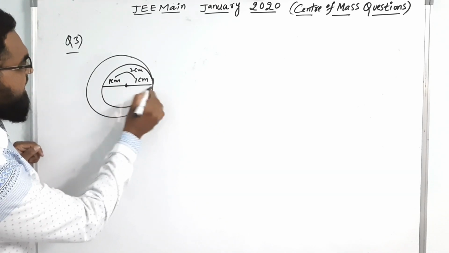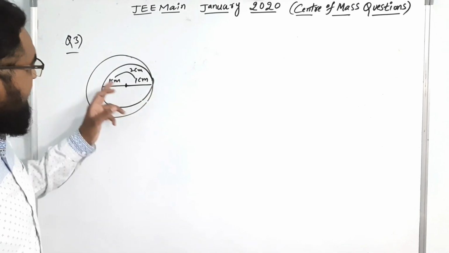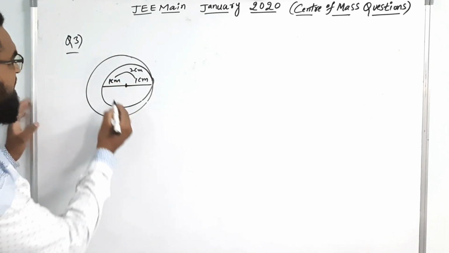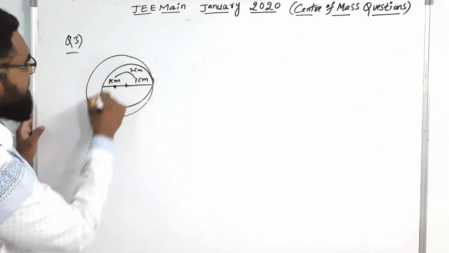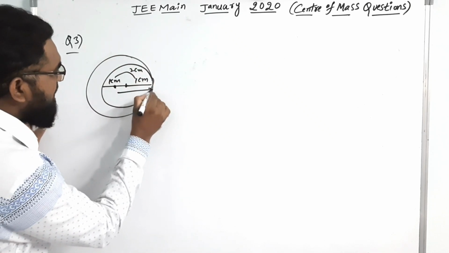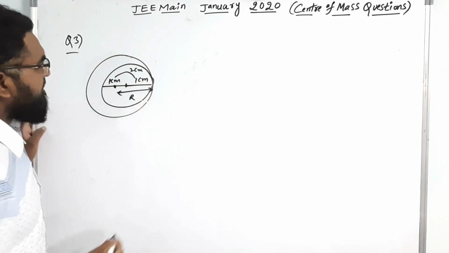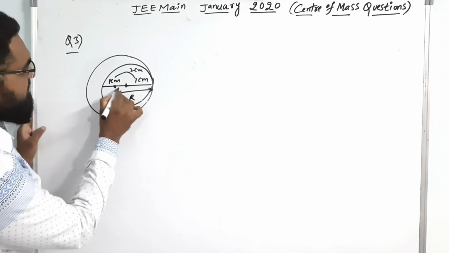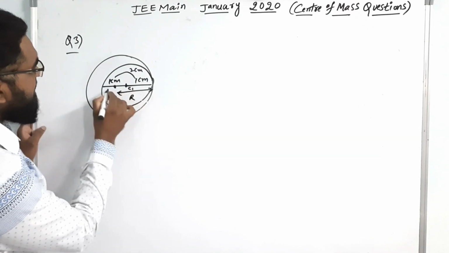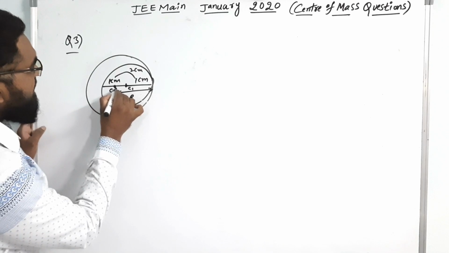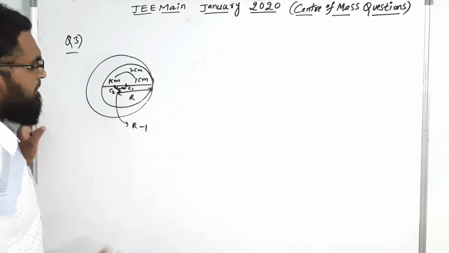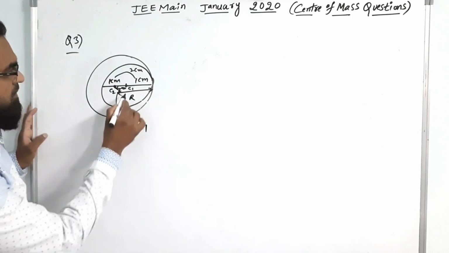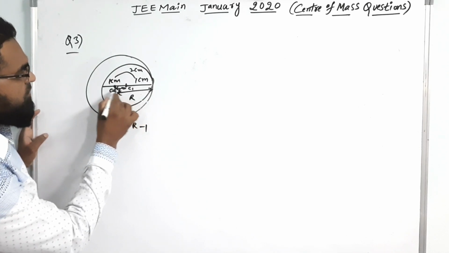And here the solid sphere radius is r. Now these two centers are c1 and c2, and the c1 c2 distance is r minus 1.